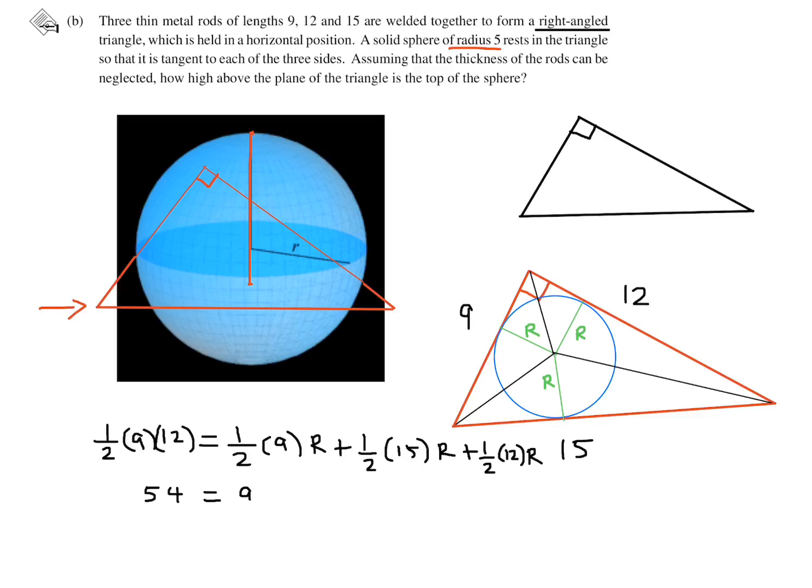Like that. This becomes 9/2 r plus 15/2 r plus 6r. So this becomes 24/2, which is 12r, plus 6r, so 18r. And therefore r is equal to 3. So this r is 3.